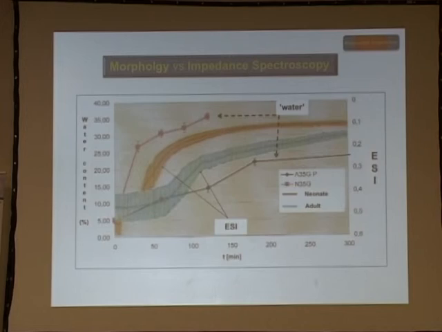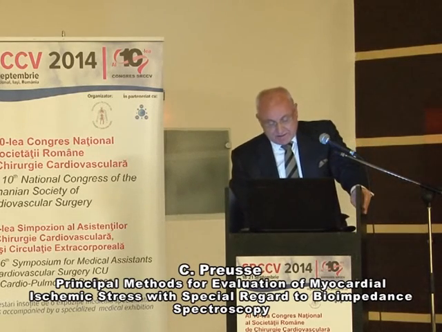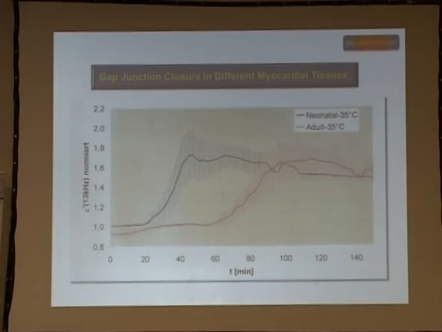And finally, coming back to the gap junctions. Here it is very interesting: by a special parameter, the so-called dielectricity constant, you can measure the gap junctions. And it is obvious that the gap junctions in the neonatal heart start to close less than an hour earlier than in the adult heart.